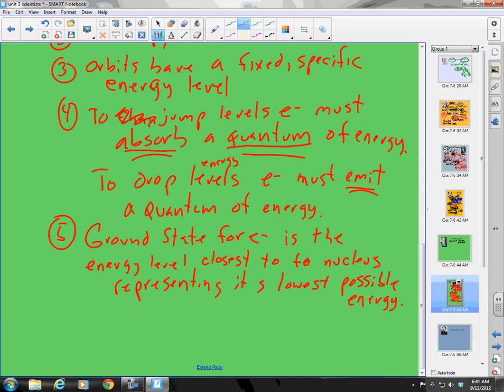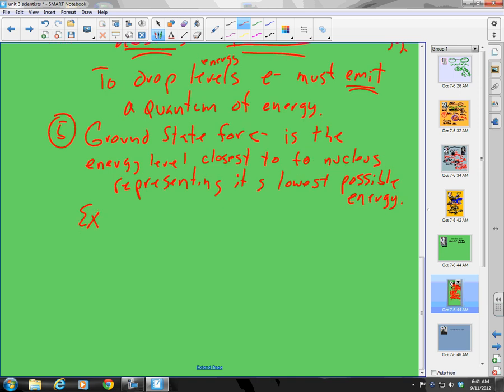There is then also something called an excited state. The excited state is any energy state of an electron farther from the nucleus.